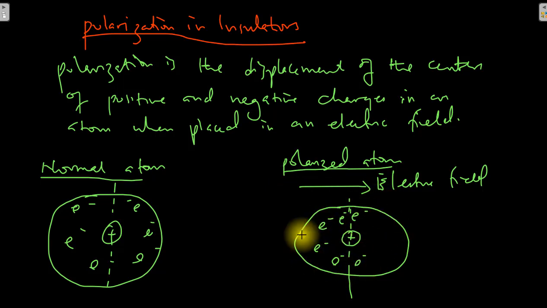Also, you can see the shape changes from a regular circular shape to an oval shape that illustrates polarization. The negative charges have shifted to one side and the positive charges have shifted to the other side, and in that case we say the atom is polarized.